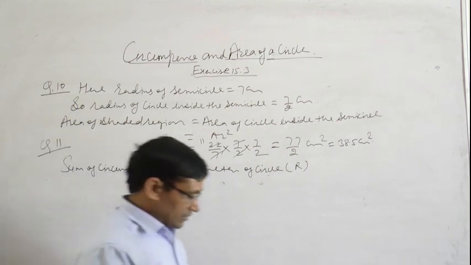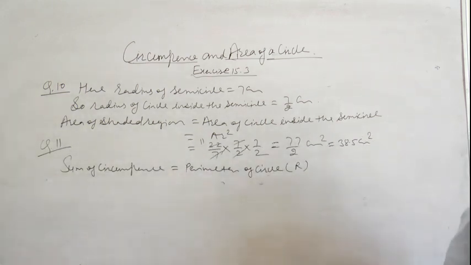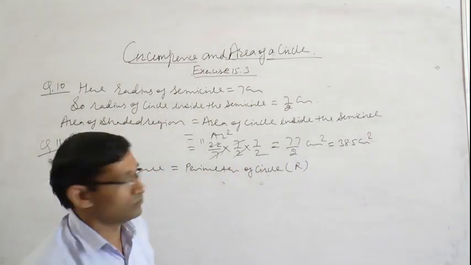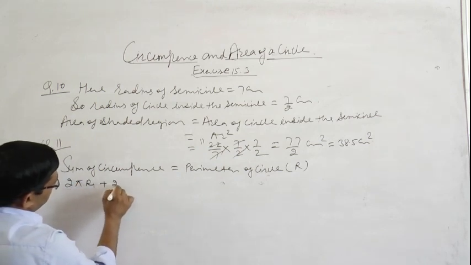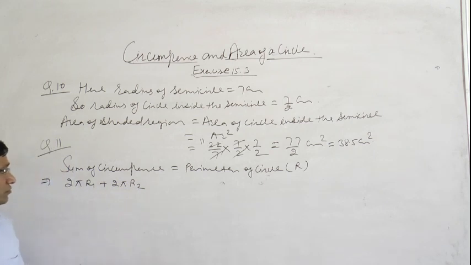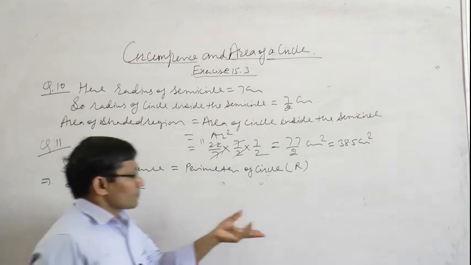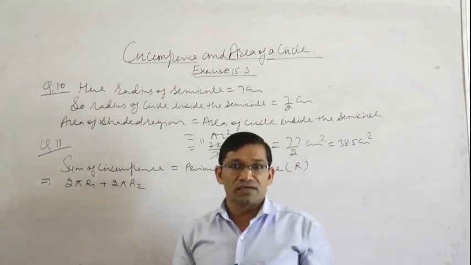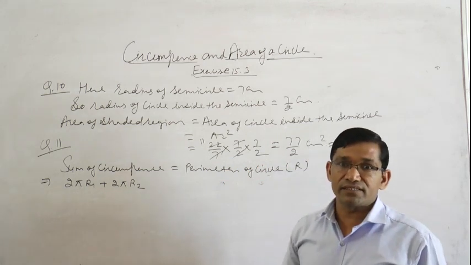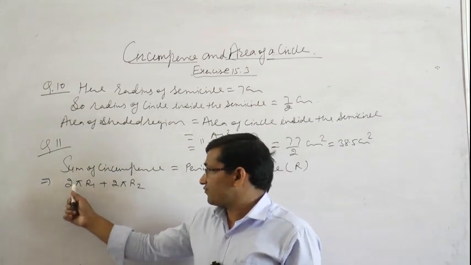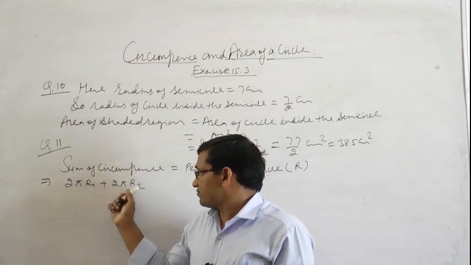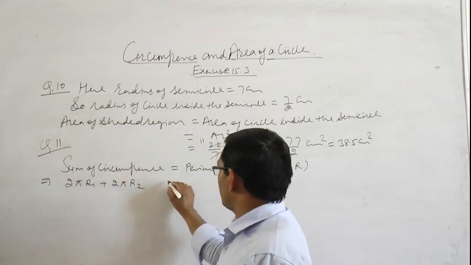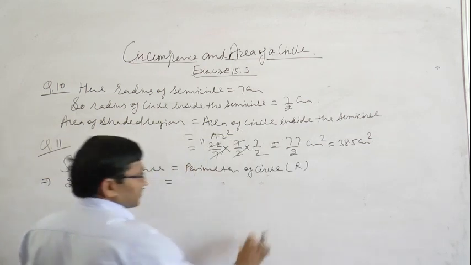Sum of circumference of two circles with radius r1 and r2. So circumference is 2 pi r1 plus 2 pi r2. Circumference of circle is 2 pi r. The circle which has radius r1 has circumference 2 pi r1 and the circle which has radius r2 has 2 pi r2, equal to perimeter of circle r.